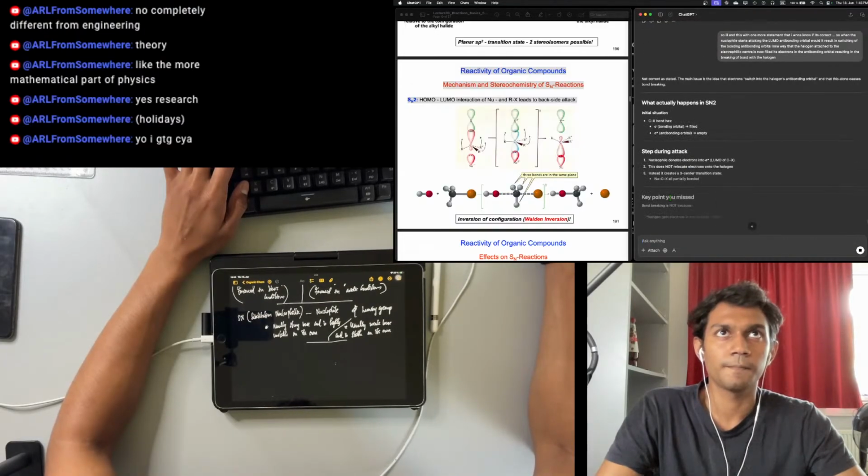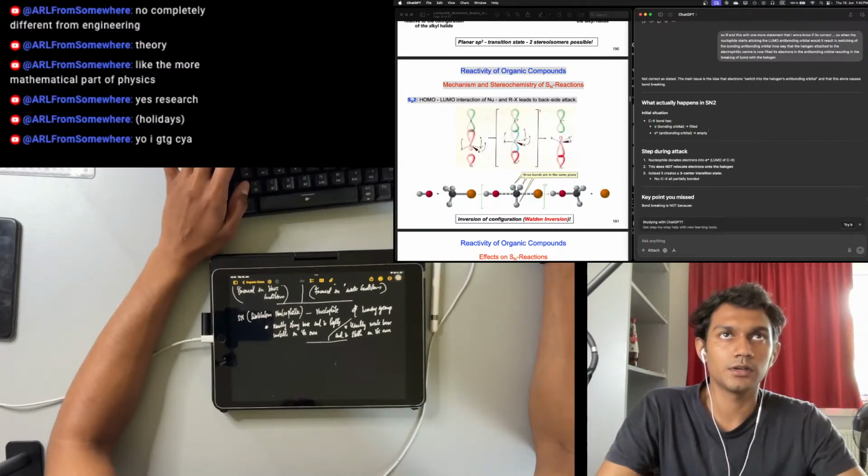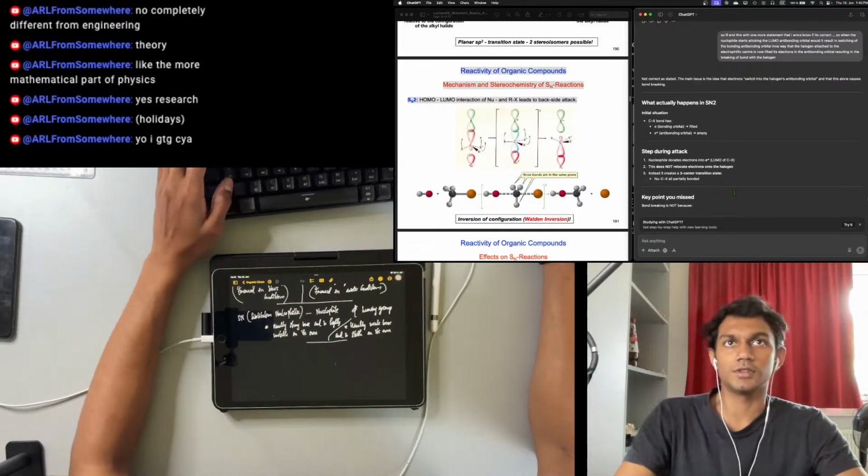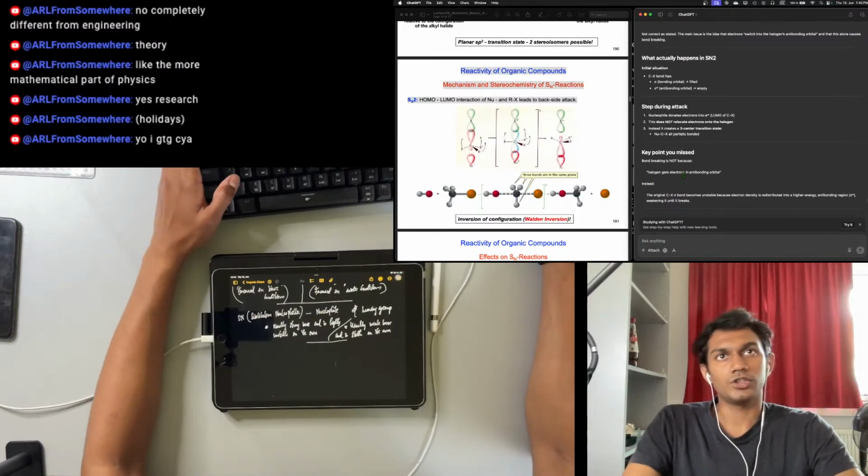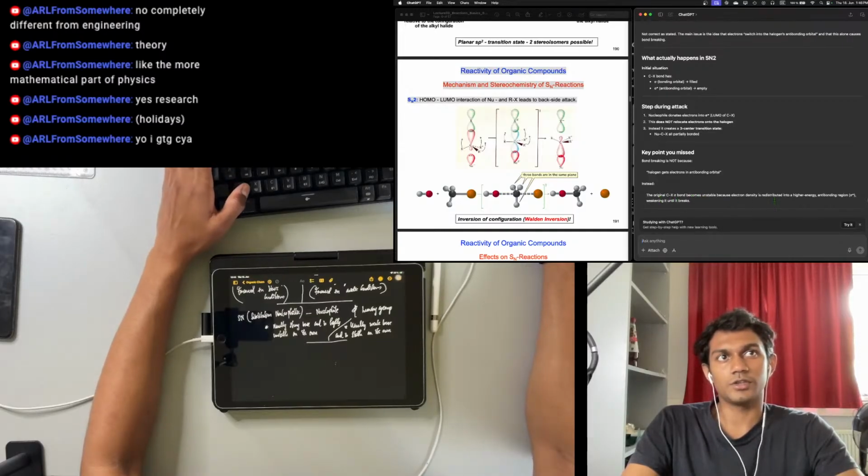Not correct. C-X bond has sigma filled, antibonding empty. This does not relocate electrons into the halogen. Instead, it creates a three-center transition state. Key point you missed: halogens do not get electrons in antibonding. Instead, the original C-X bond becomes unstable because electron density is redistributed into a higher energy antibonding region, weakening it until it breaks. Wait, what?